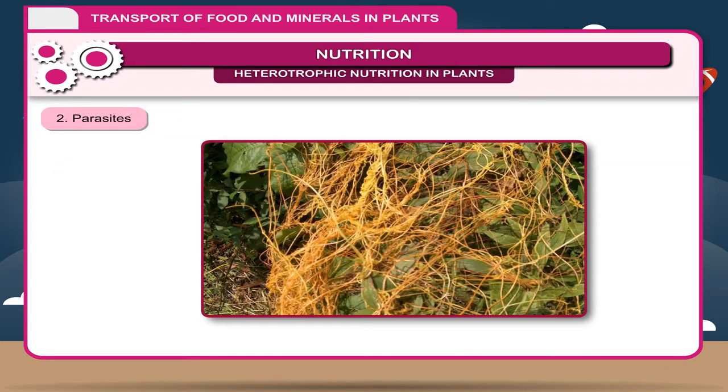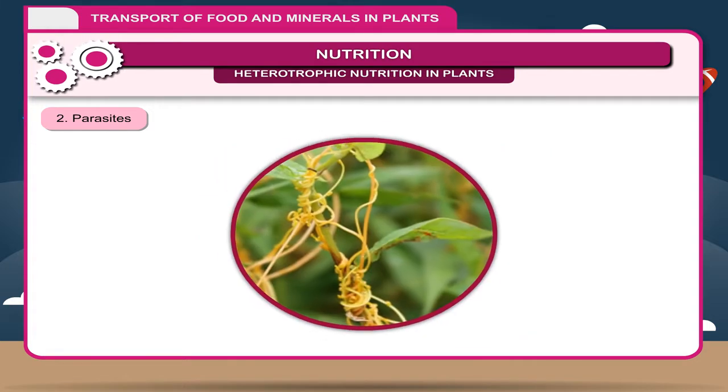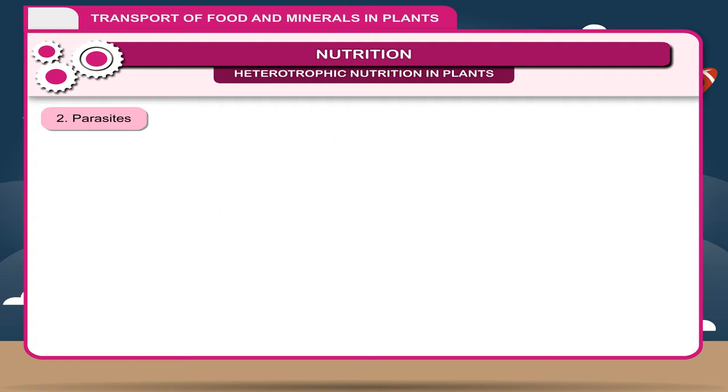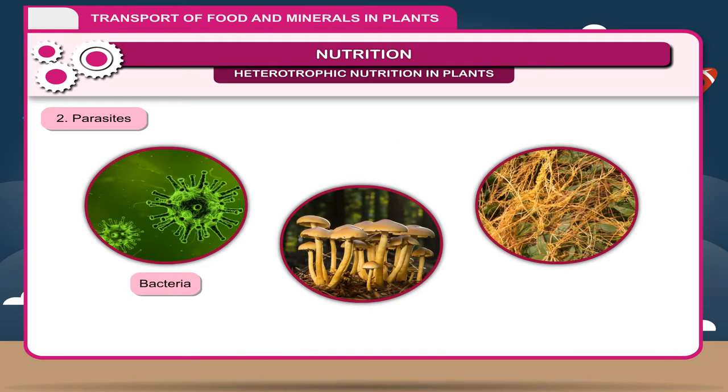Parasites. The plants which depend upon other living organisms, plants or animals, and take ready-made food from them. The plant taking such food is called a parasite, and the organism from which food is taken is called the host. Examples: some bacteria, fungi, dodder, amarbale, etc.